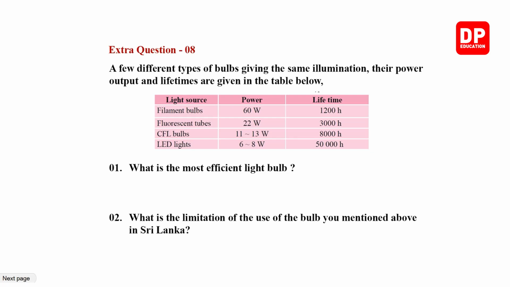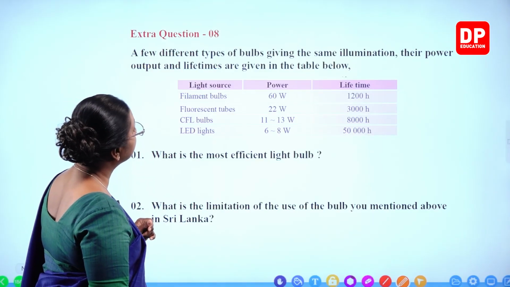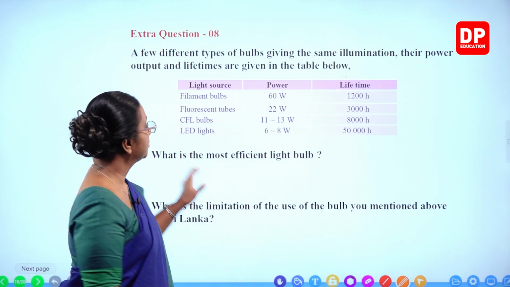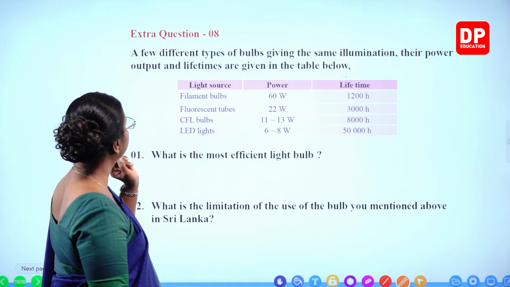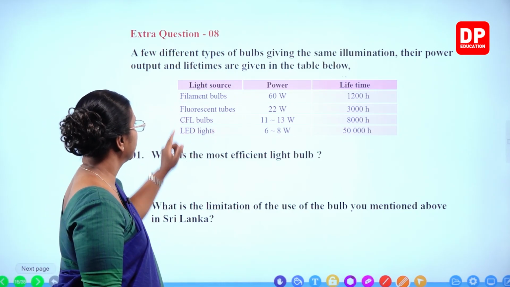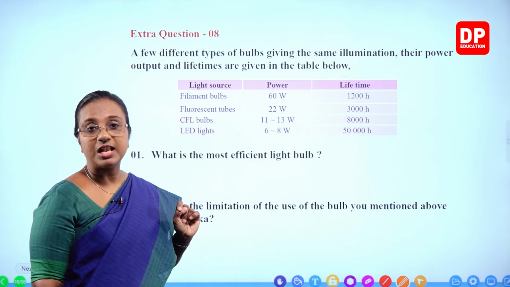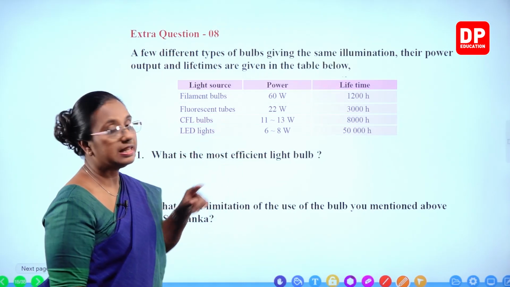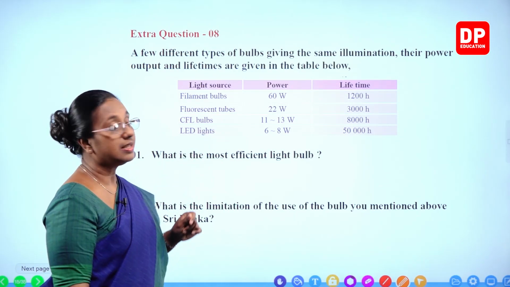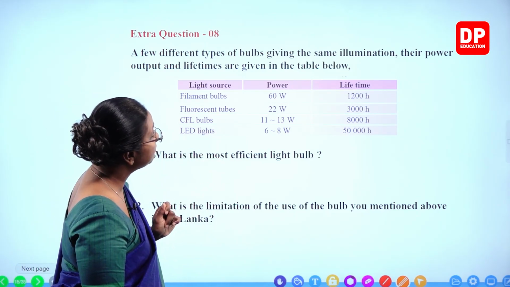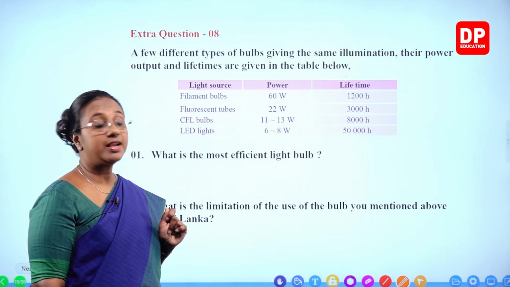Extra question 8. A few different types of bulbs giving the same illumination, their power output and lifetimes are given in the table below. So here you have a table. In that they have given the power output and the lifetimes. So here the first column gives you the light source, then the power and the lifetime. Light source filament bulb, power is 60 watts and the lifetime is 1200 hours.